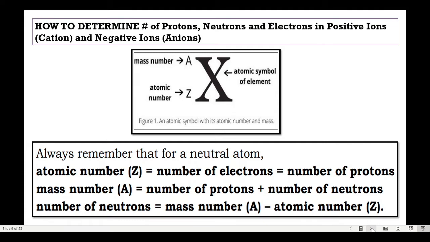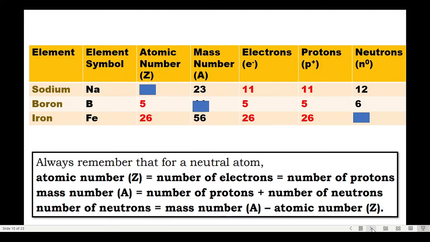Okay? Now, for the number of neutrons, it's equal to the mass number minus atomic number. Okay, so it's A minus Z. So, ayun lang. Doon lang naglalaro yung mga formula. Now, let's say we have sodium. The atomic number of sodium is the same as the proton.